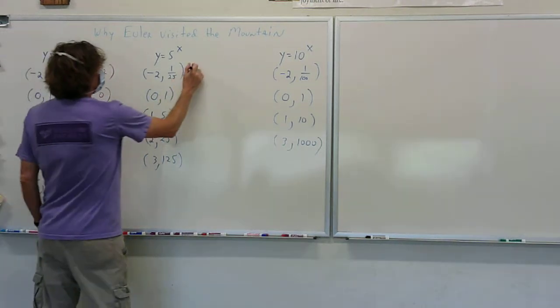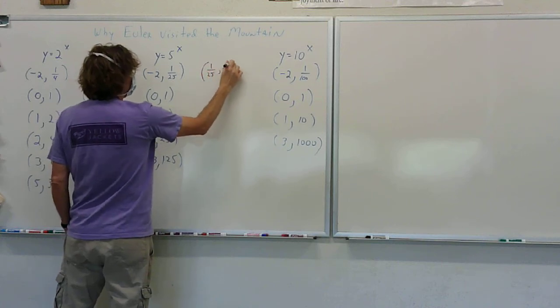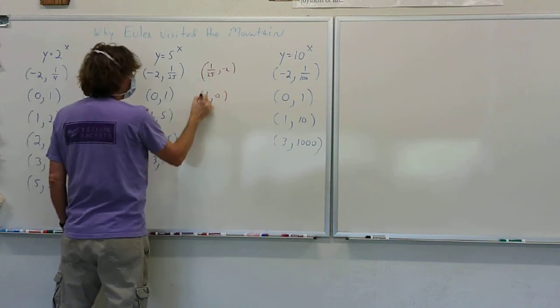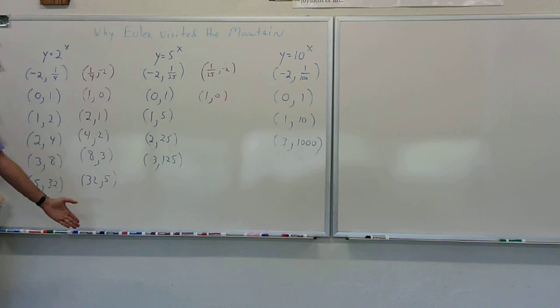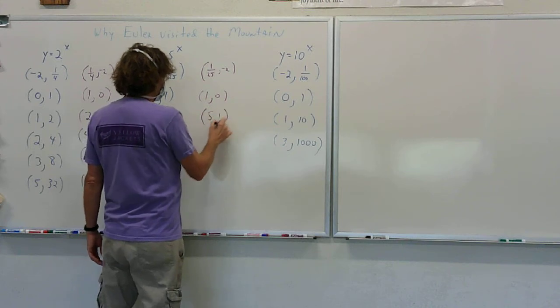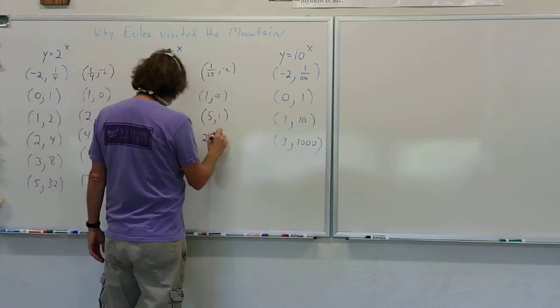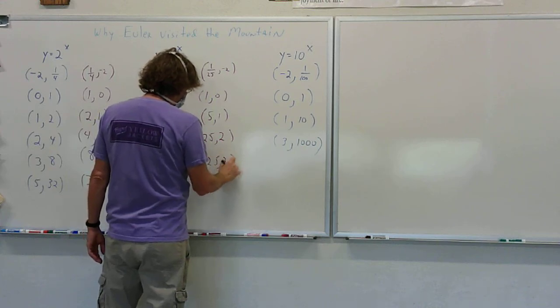Now, this one, same idea. Let's make us a list of what the inverses would have to do. See, we already know the points that would be on the inverse graph. If these points are on the original graph, these points are on the inverse graph. Right? Good with that? Okay. 1/25 would have to be -2, 125 would have to be 3.